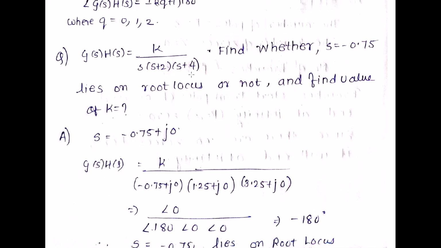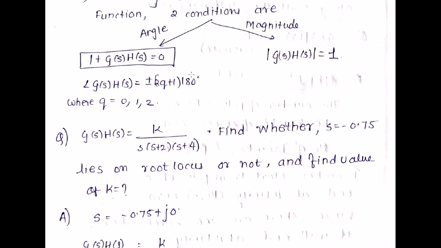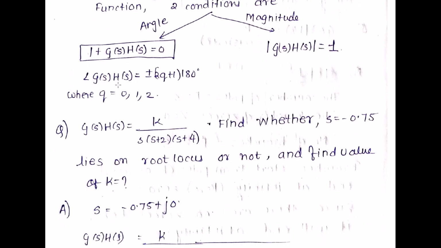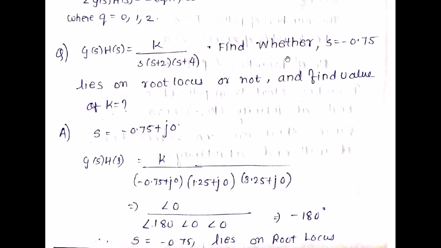What I told you: if a particular point exists on the root locus, the angle of G(s)H(s) will be an odd multiple of 180 degrees, that is plus or minus 180 degrees, plus or minus 540 degrees, and so on. So I'll substitute the value of minus 0.75 into s.